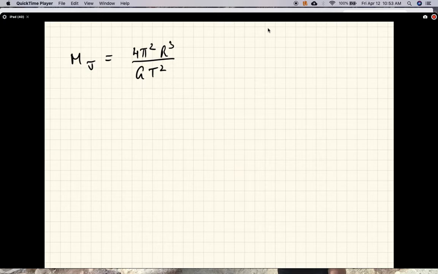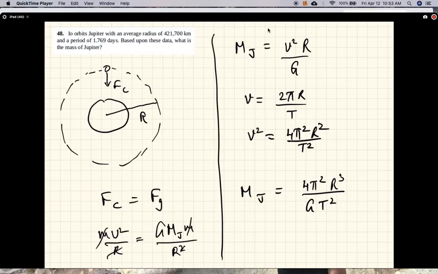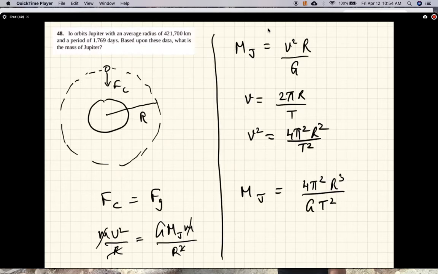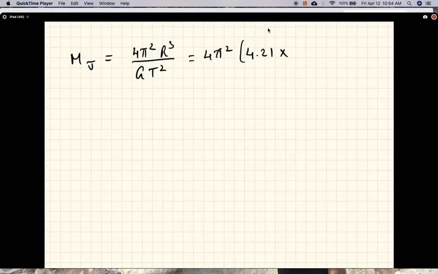All right, now we're ready to put in numbers. So this is 4 pi squared r cubed. R is 4.21, that's 4.21 times 10 to the 5 kilometers, so we'll make it 10 to the 8 meters, cubed.